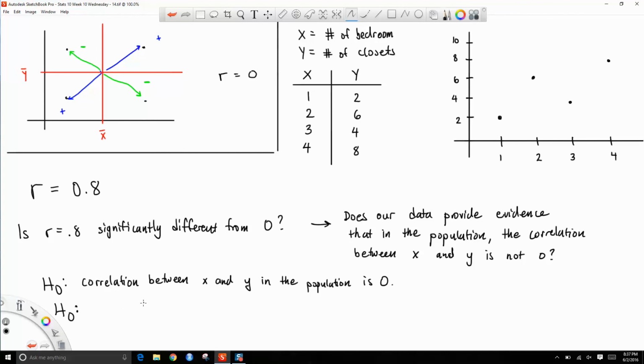The symbol we use for the correlation in the population is not r, because r is the correlation in our sample. It's the Greek analog to r, which is rho. Rho looks like a p, but it's not. This is rho, and we would say rho is equal to 0.